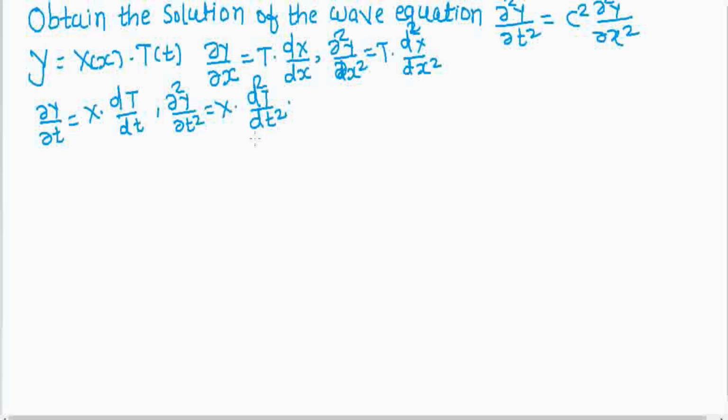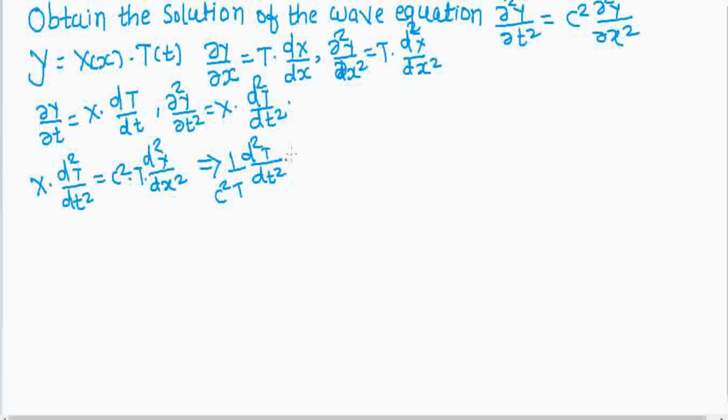So put these derivatives in the given equation. If we put these derivatives, we have X into d2T by dt square equal to c square into d2X by dx square into T. Then separating the variables, we have d2T divided by dt square and 1 divided by c square T equal to 1 divided by X into d2X divided by dx square.